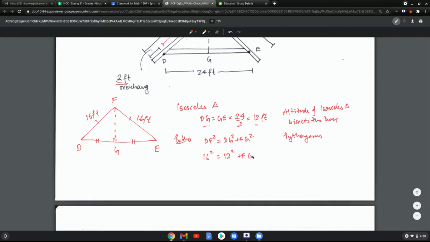And FG is what I'm interested in finding. Plugging that into the calculator, I get 256 minus 144. I get FG squared is 112. So the height of the roof is going to be the square root of 112, which you can plug into the calculator and you get a value which is a decimal number.